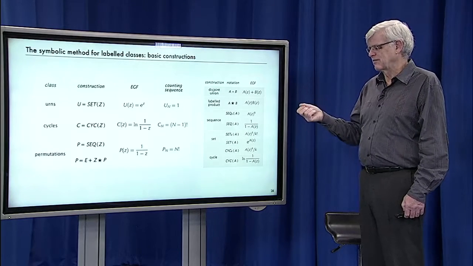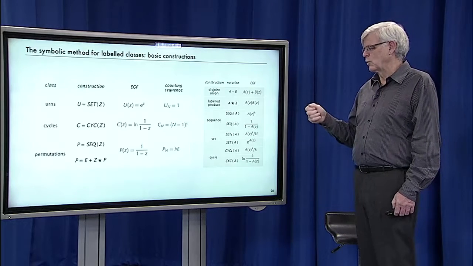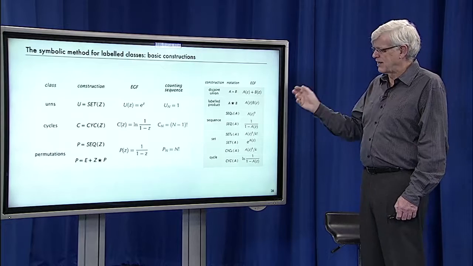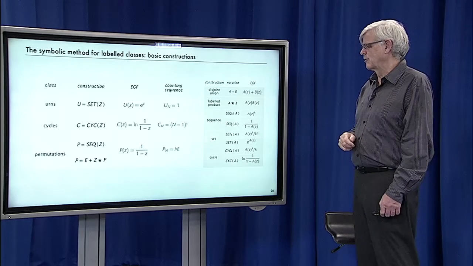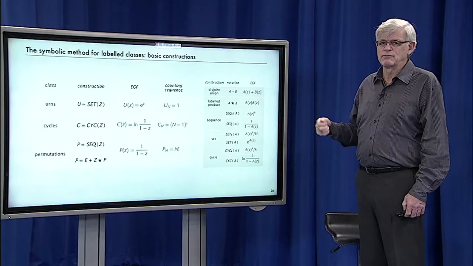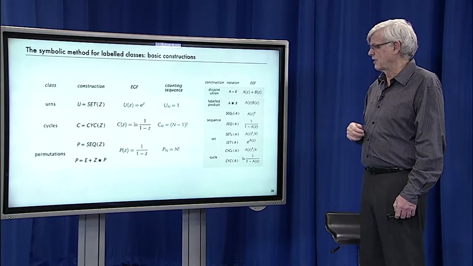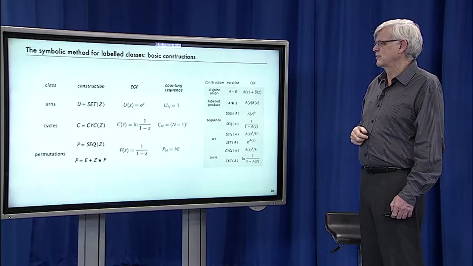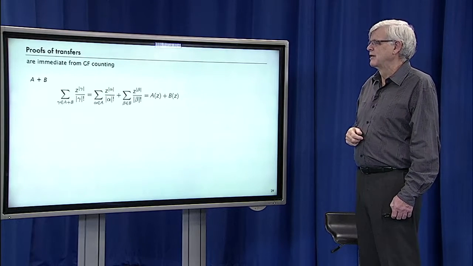That immediately translates to P(z) equals 1 plus z times P(z), and then solving for P(z) gives the same result. And then the counting sequence is n factorial times the coefficient of z to the n in that, which is just n factorial. So those are just the starting point for some basic constructions.